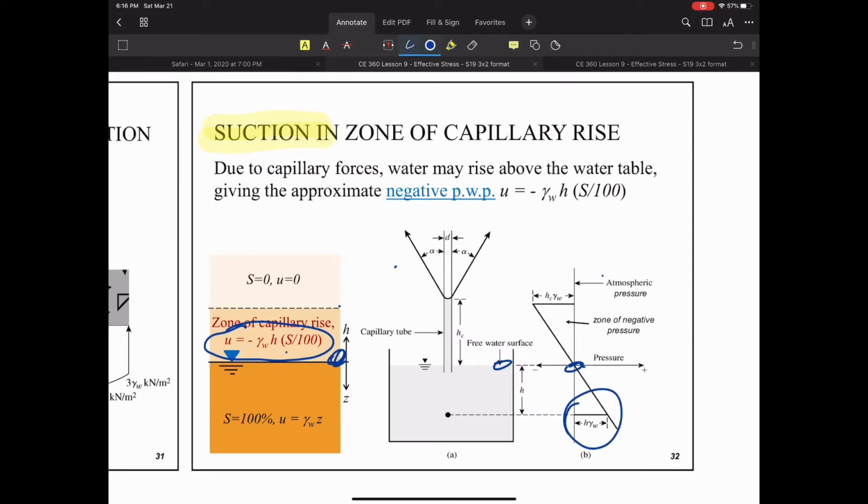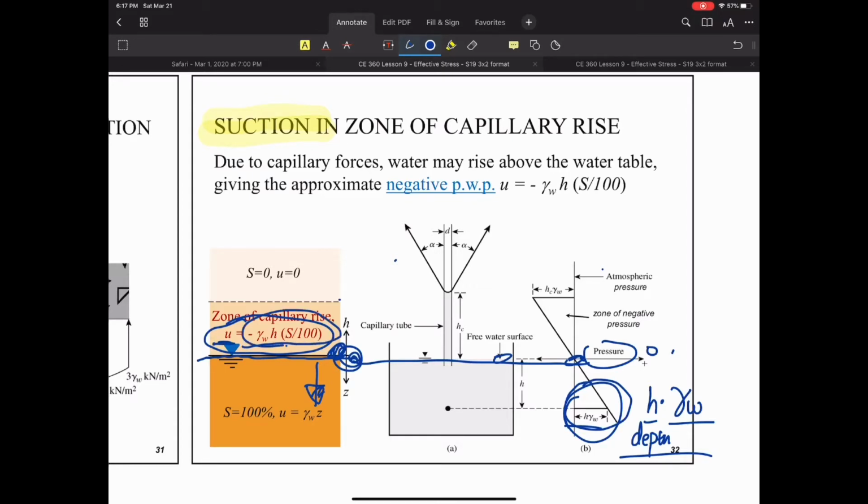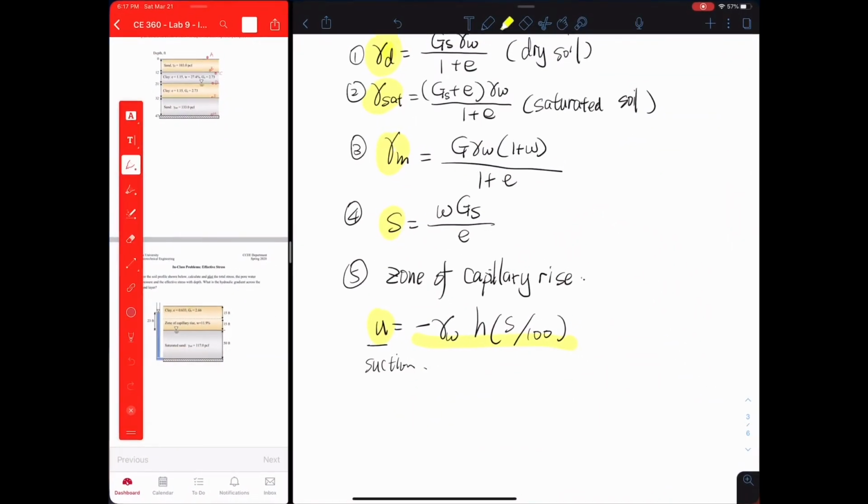Okay, as you can see, on the water table the pore water pressure is 0, and under the water table we can easily calculate the pore water pressure by this equation, where h represents the depth and gamma w is a constant. And above the water table, we can calculate the suction with this equation.